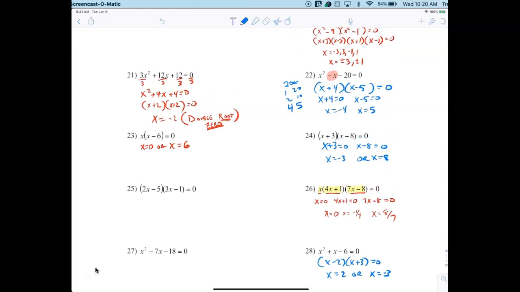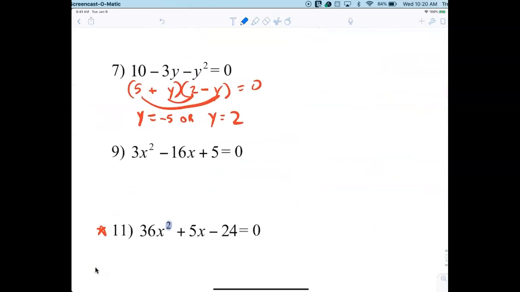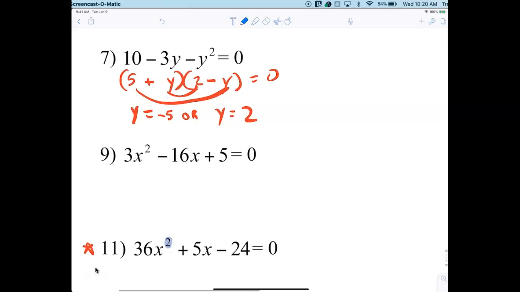All right, let me look at number 7 if that's hard or not. What's wrong with that? Oh, I got that right. I rearranged it for y squared. Y squared is not negative y squared, so you just can't rearrange it.